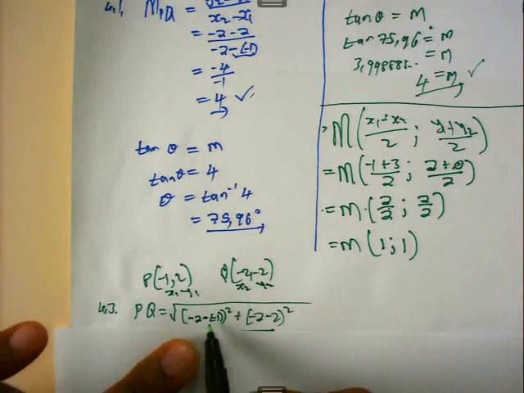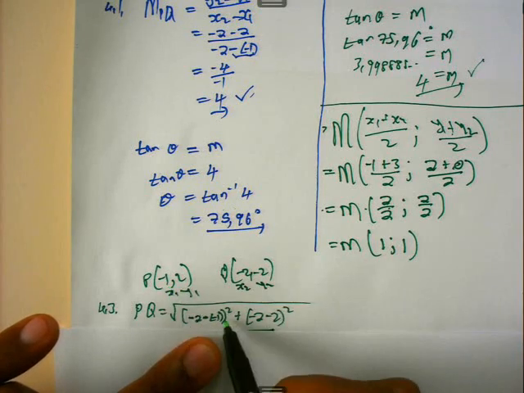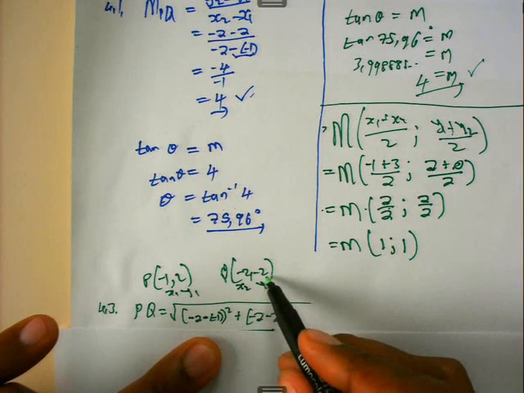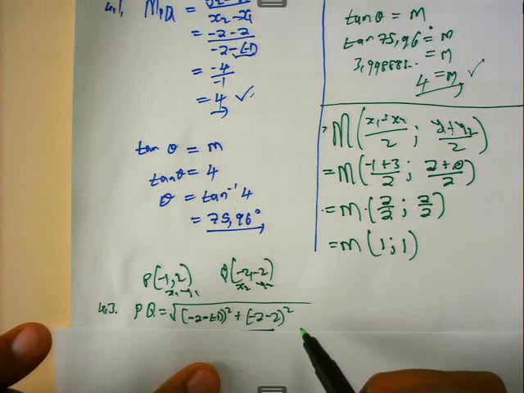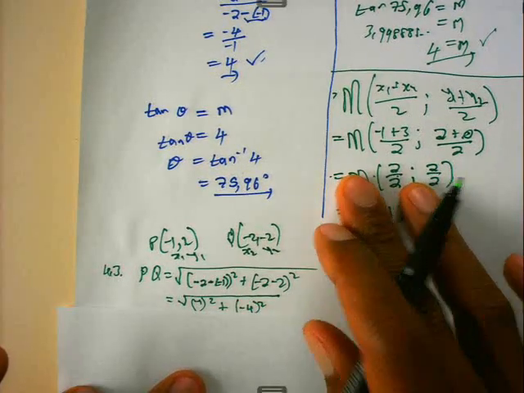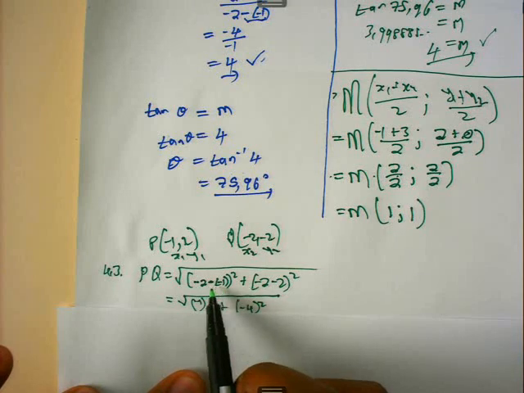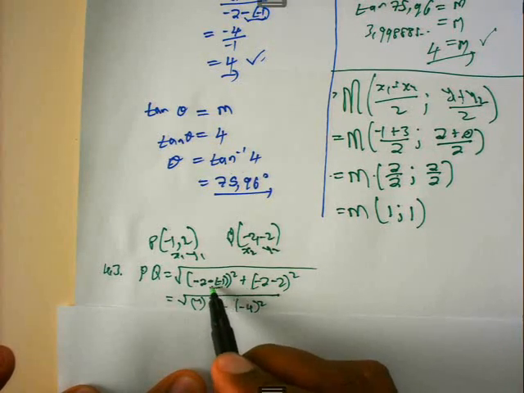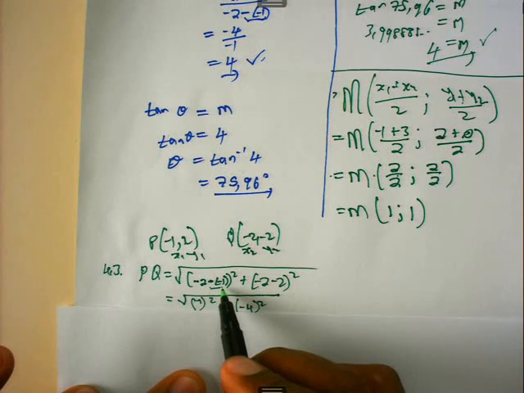Now, we have minus 2 minus 1, right? And then we must square it plus y2 there. Y2 is a minus 2, and then y1 is a positive 2. Therefore, it's going to be a minus 2, right? Now, when you simplify, it is minus 2 minus 1. Negative times negative is a positive. Now, minus 2 plus 1 is a negative 1.